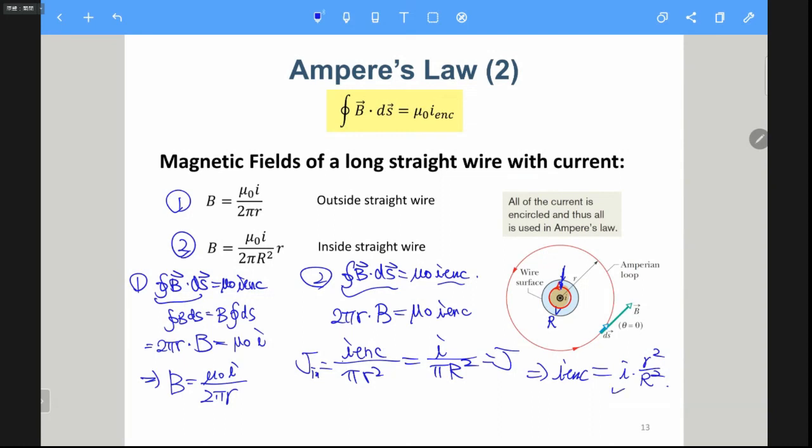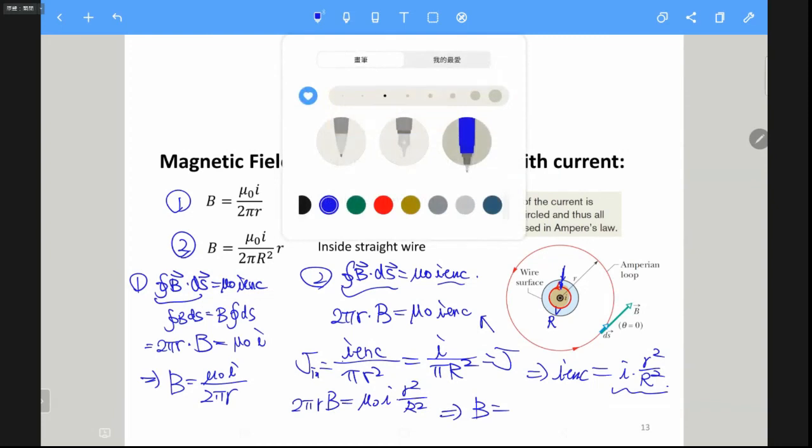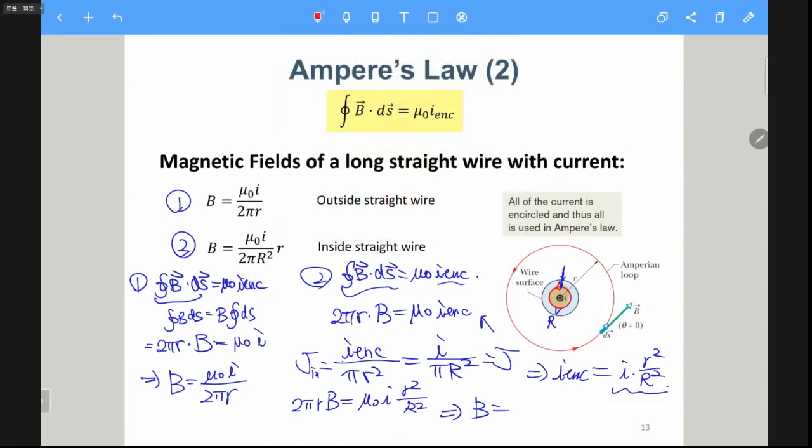Okay, so we can just plug this back into here. So we have 2 pi r B equals mu naught I times small r square over capital R square. So finally, we will have B equals, here we can cancel this r with this r.